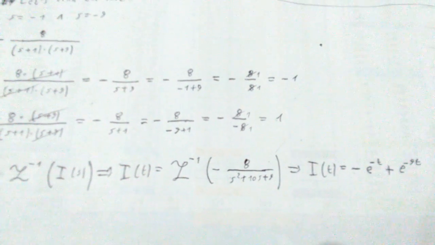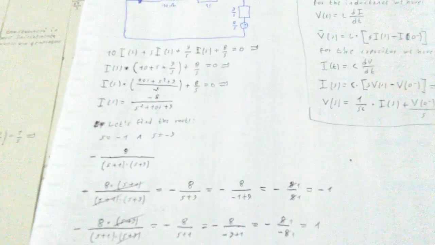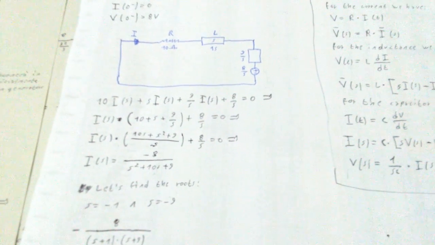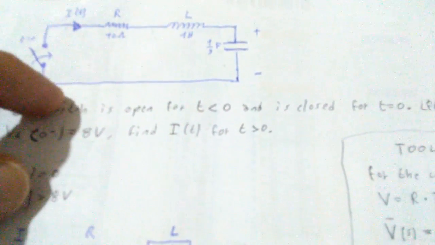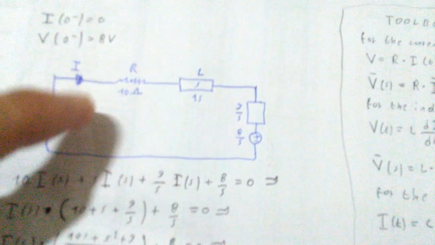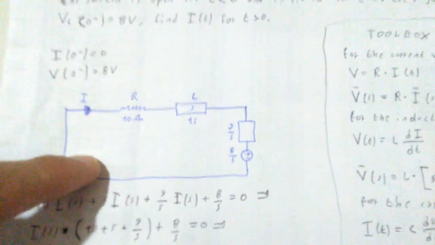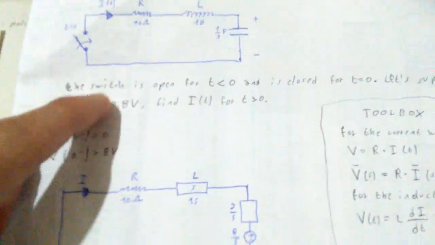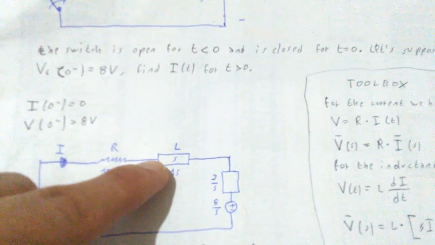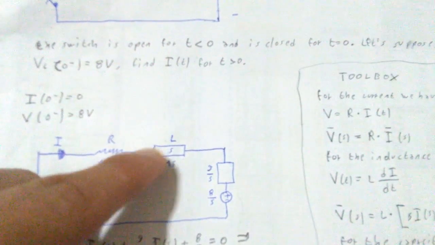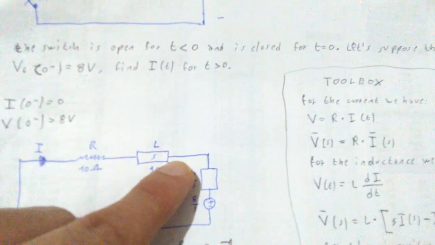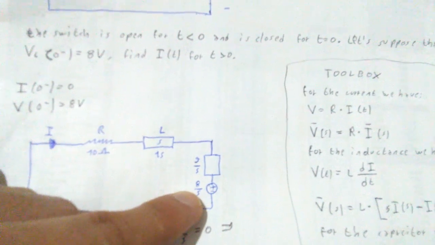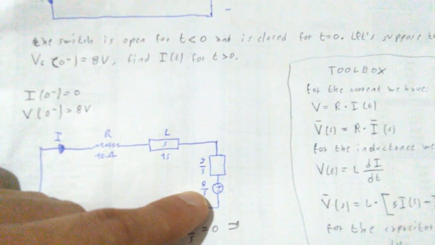So a quick recap. The idea here is to basically get a circuit and draw the equivalent circuit in which the resistance is still a resistance, the inductance becomes a resistance, and the capacitor is split between a resistance and a power supply.